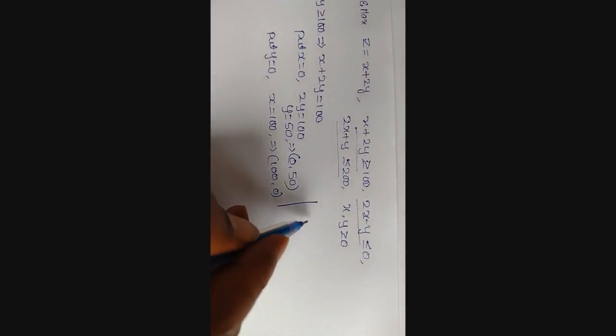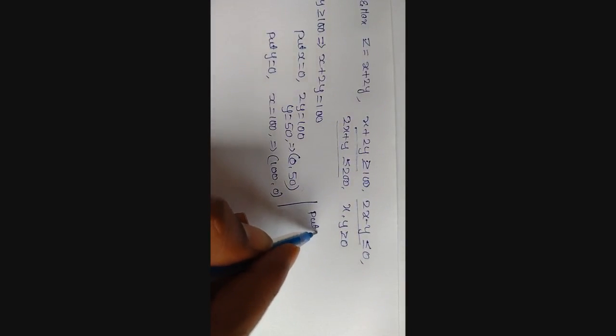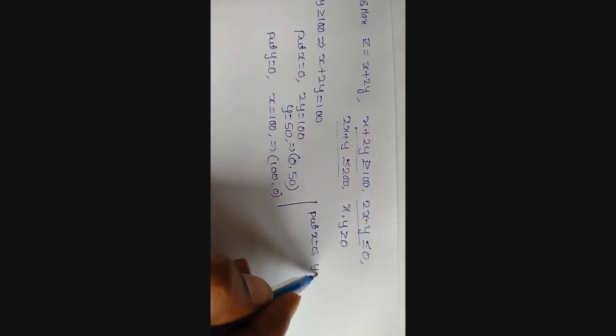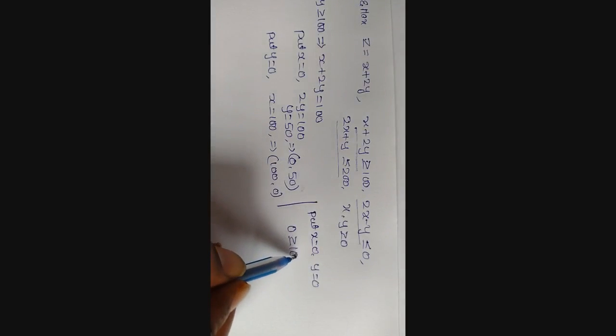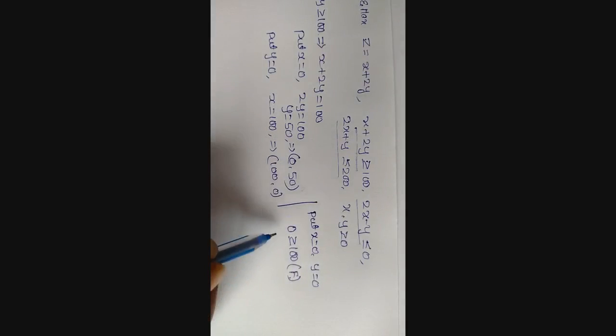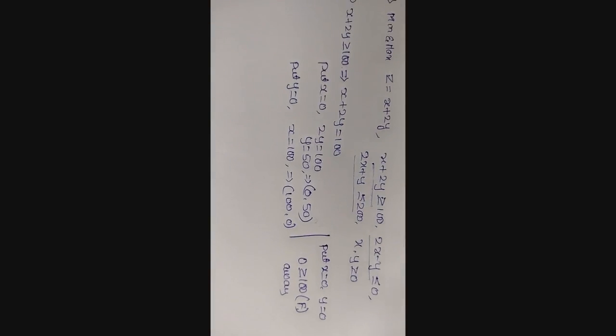These are in the first quadrant. Check whether the given inequality is true or false. Put x is equal to 0 and y is equal to 0: 0 greater than or equal to 100, the condition is false. Shaded away from the origin. Clear? Next we take another inequality.